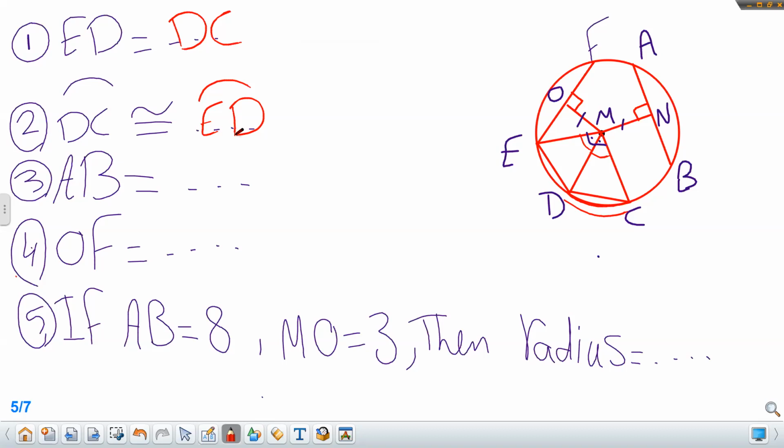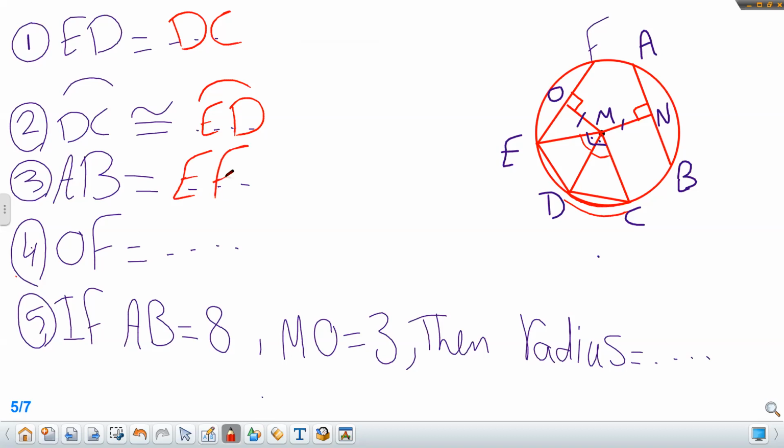We notice that AB and EF, these chords, are equidistant from the center M. Because MN equals MO, the two chords AB and EF are equal. So we can say AB equals EF.